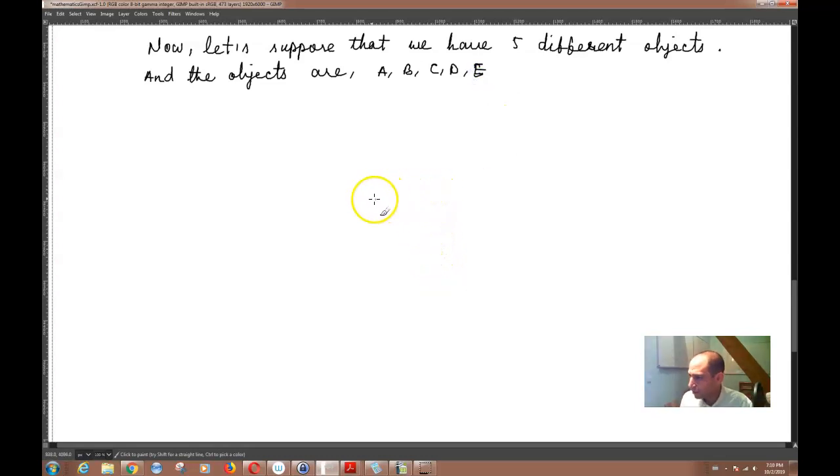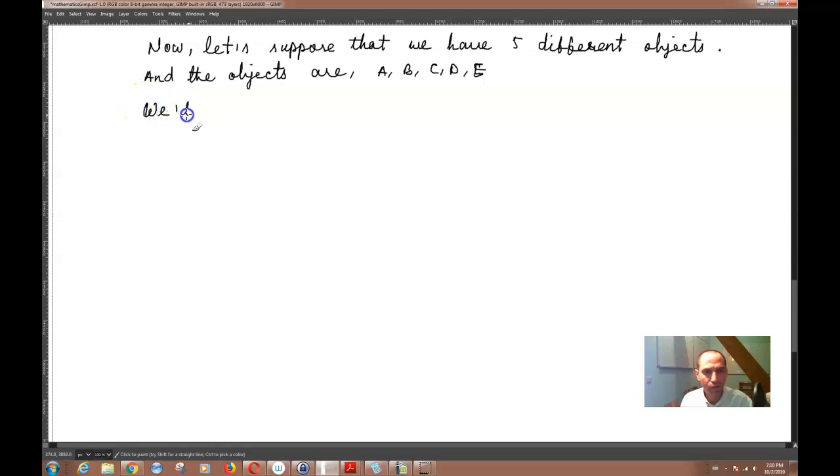Now if I take 3 at a time, if we have to make combinations, again what I'm going to do is take all the different permutations of these different objects taken 3 at a time.